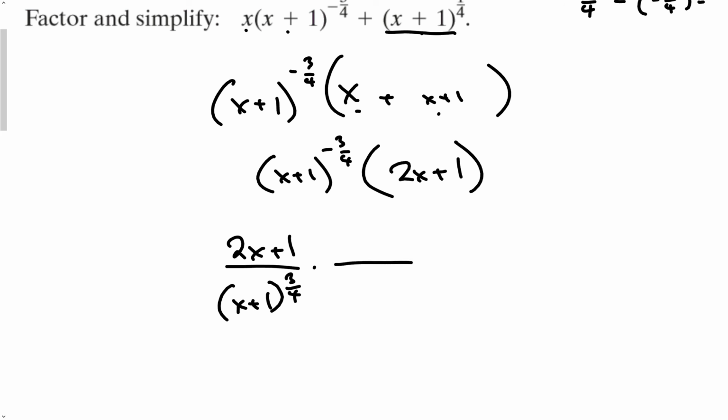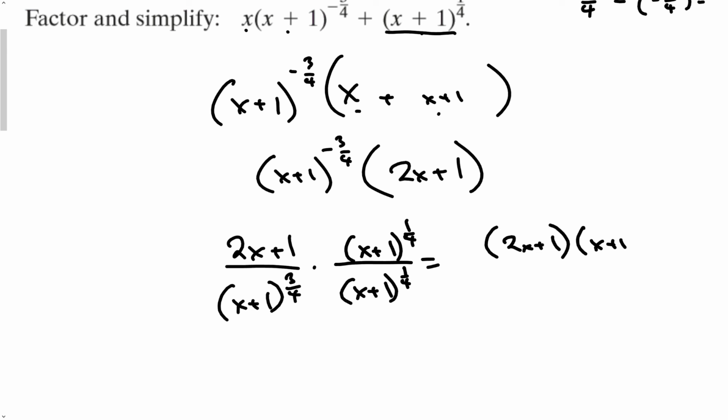So we're also going to rationalize this to make it not a fraction anymore. So I need to put another x plus 1 to the 1/4 power, which leaves me with 2x plus 1 to the first, but I don't need to write that, times x plus 1 to the 1/4 power over x plus 1. 3/4 plus 1/4 is 1.